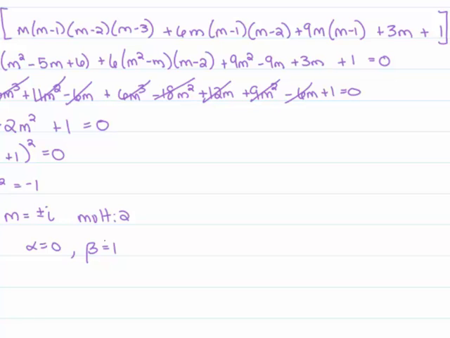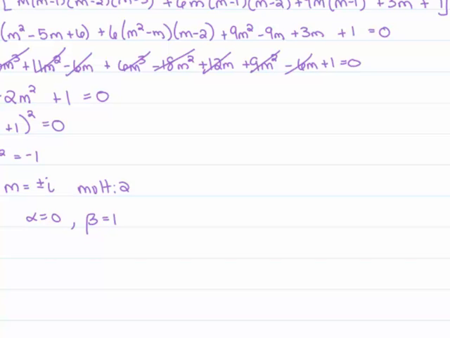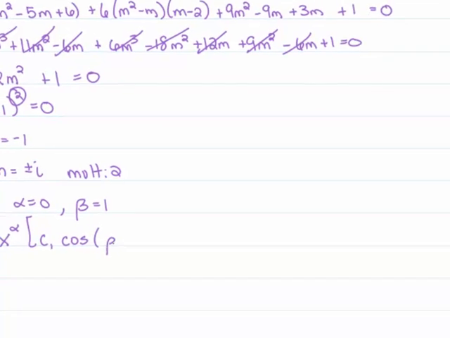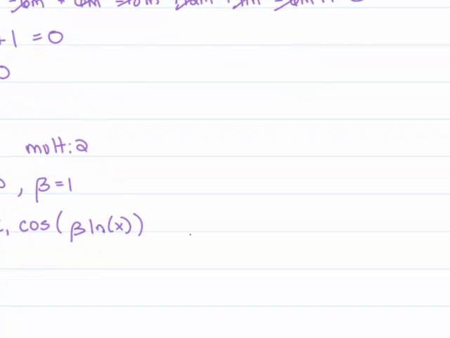So now we know from our previous work from the theory section that if this was a single root, so if it wasn't a second power here, our y sub c would normally be x to the alpha times the quantity c1 cosine of beta natural log of x plus c2 sine of beta natural log of x.